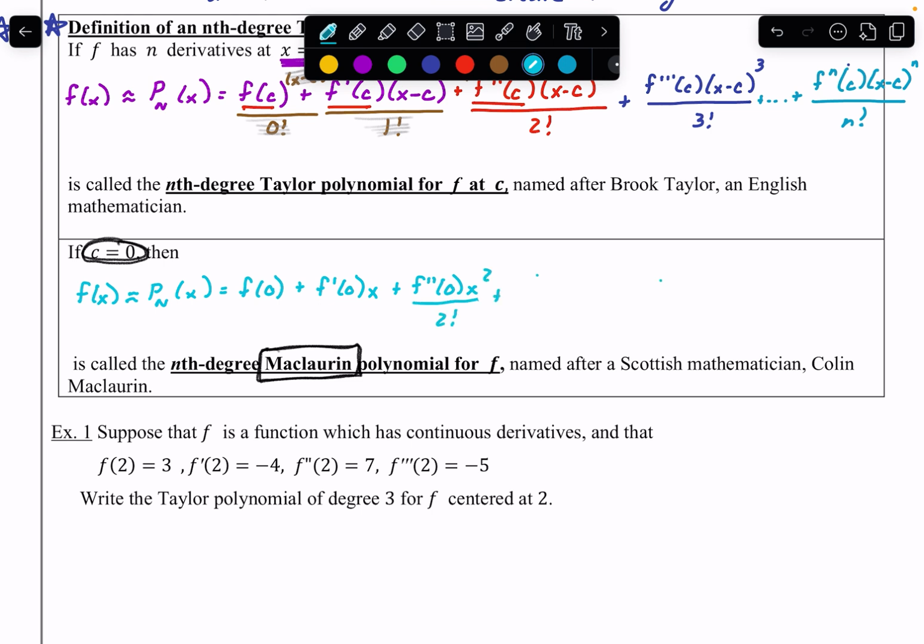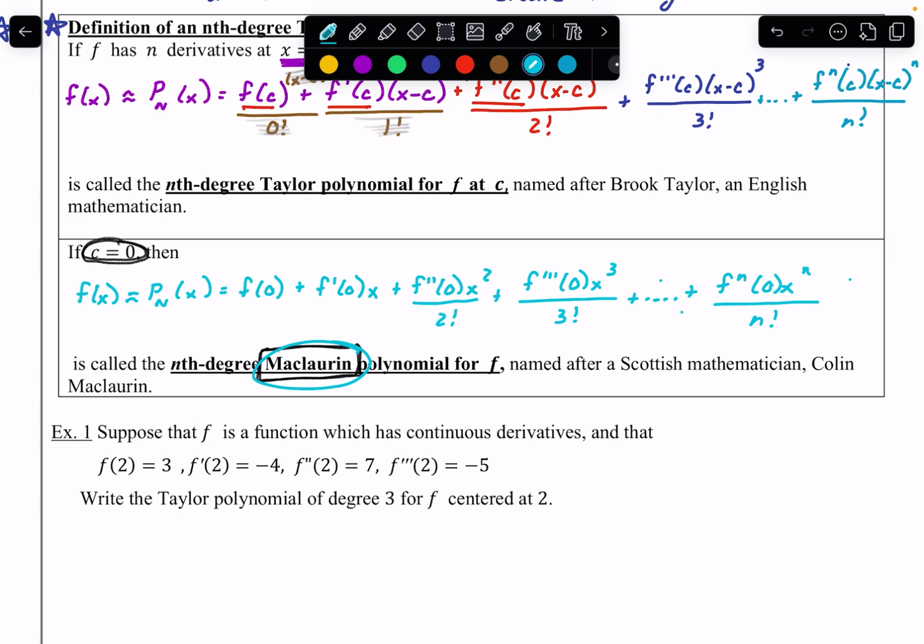Told you factorials weren't going to go away, right? Plus the third derivative at 0, x cubed over 3 factorial. So again, the general term is the nth derivative at 0, x to the n over n factorial.